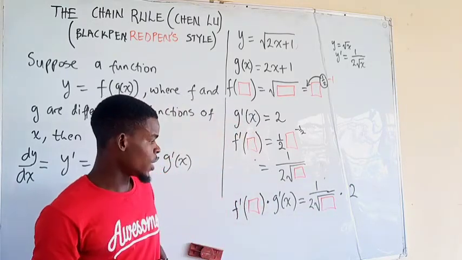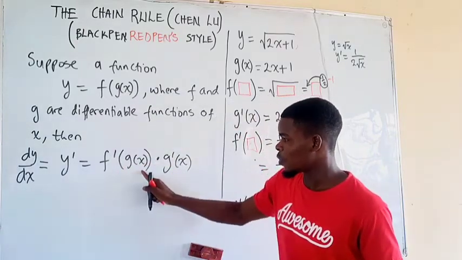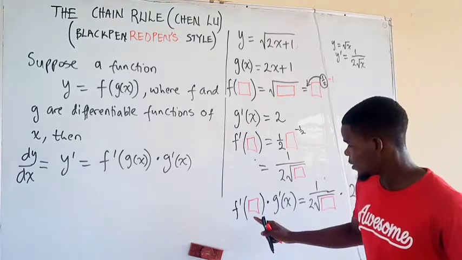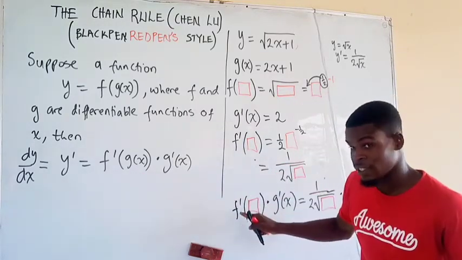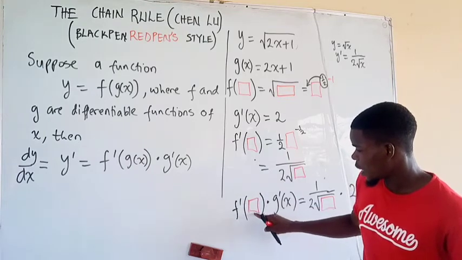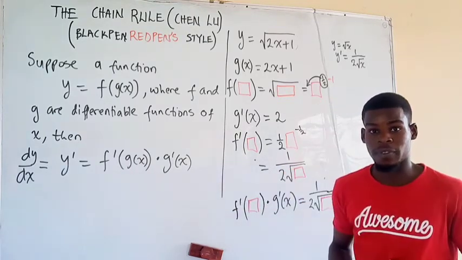But what I would do here is, this box, I'm going to replace it with g of x. It is g, this position, g of x owns it. Just look at it, f, then with a dash, and then inside the bracket we have g of x. Here we have a box, so I'm going to substitute g of x in place of that box.